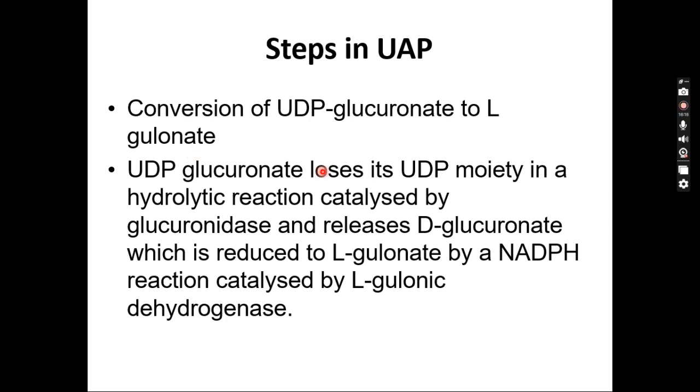So the UDP glucuronate loses its UDP moiety, and once it does, it goes on and forms D-glucuronate. This reaction is catalyzed by glucuronidase, the enzyme that catalyzes the removal of the UDP moiety from the glucuronate.